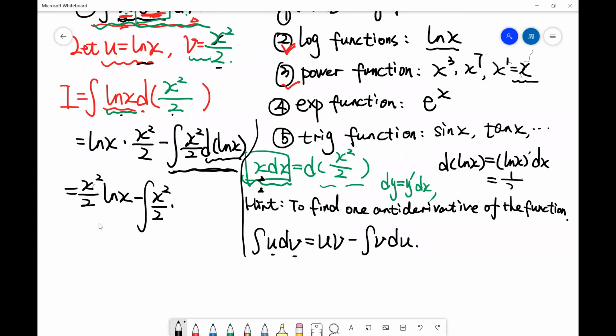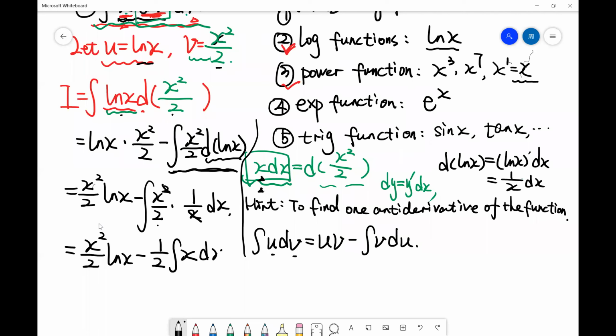That equals 1 by x dx, right? So here we have 1 by x dx here. So we can see x can be cancelled. And here the constant 1 by 2 can be taken out. So that equals x squared by 2 ln x minus integral of 1 by 2 x dx, right?